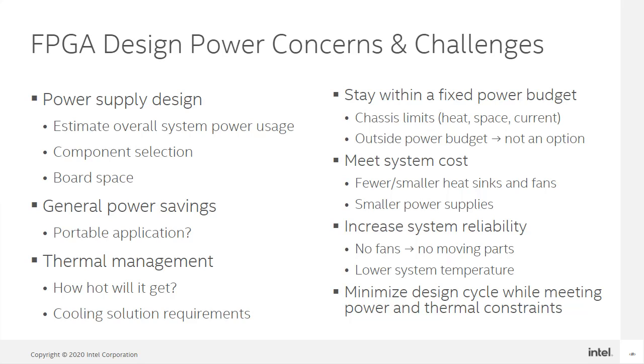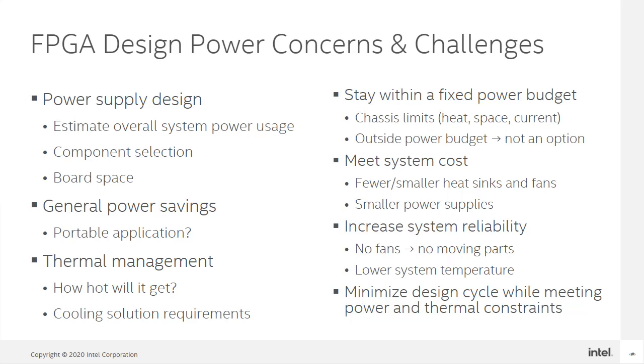Supply components must be considered along with the board space required to lay out those components. A cooling solution must be selected that must be robust enough to prevent thermal damage to components. With power supplies chosen, the design must stay within a fixed power budget. Going outside of this budget is not an option, since it could require redesigning the power supplies and cooling solution.